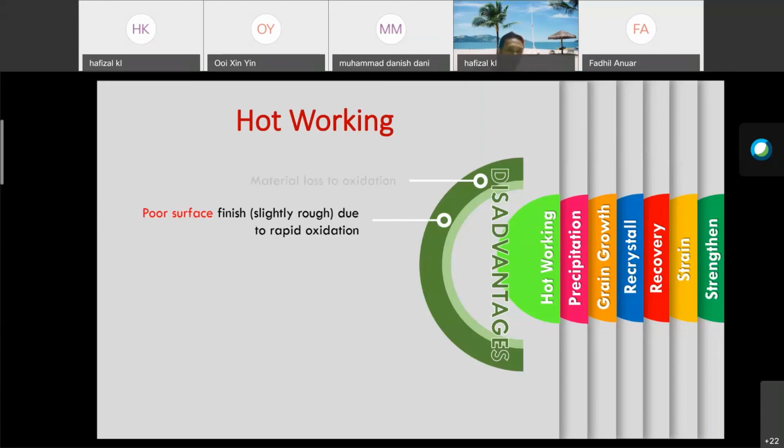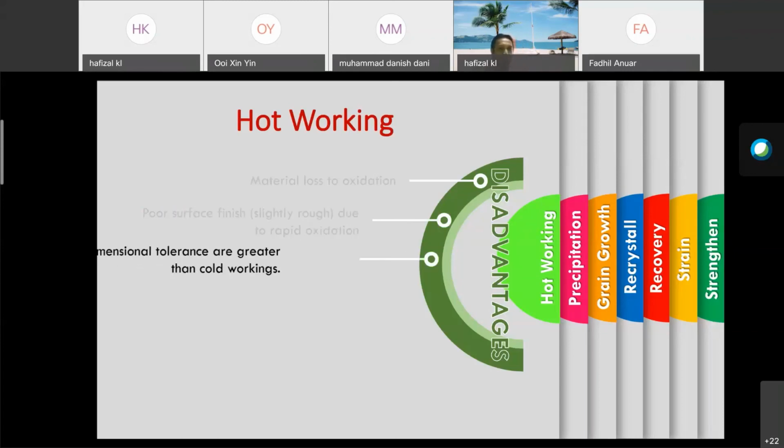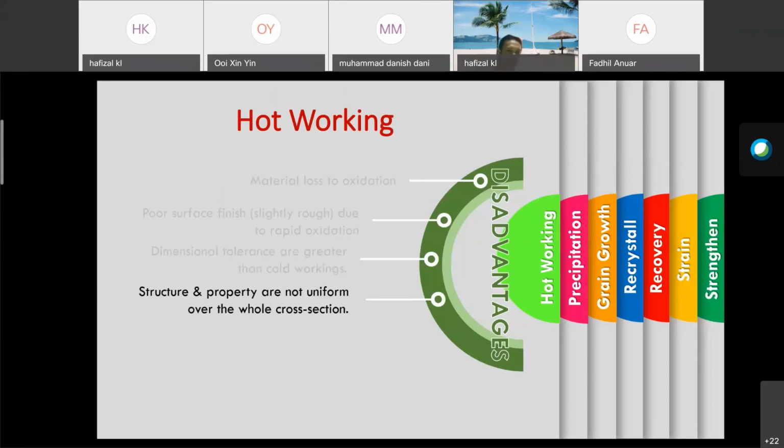Then there is poor surface finish compared to cold working, and dimensional tolerance is greater than in cold working. Also, the structure and properties are not uniform over the whole cross section, so we cannot get what we want during the process. Then there is the higher cost of tools.